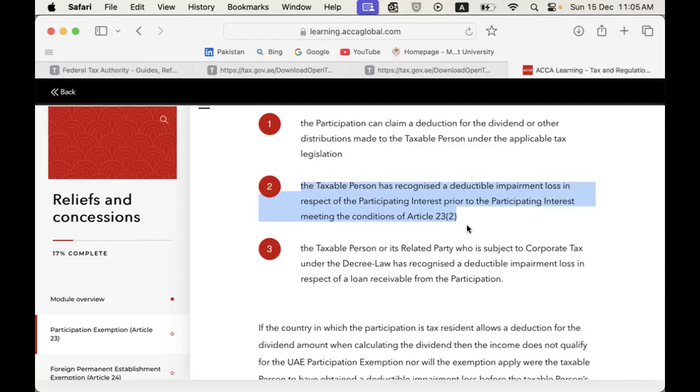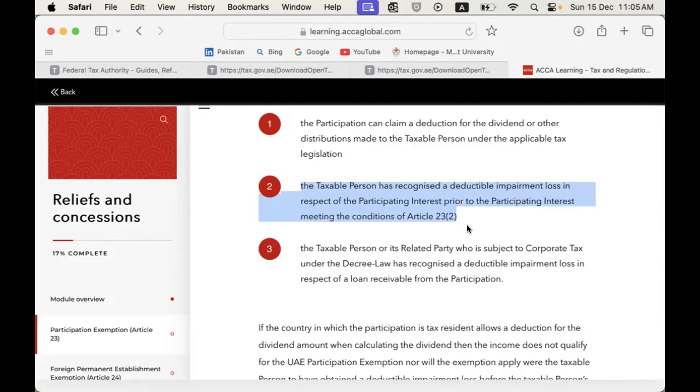At the beginning of the year, your investment was not meeting the participation exemption criteria, but you had the intention to hold. Some genius advised you, Haya, that the US company is in dire trouble, so maybe it is wise to book an impairment loss. So you booked an impairment loss for that company already.